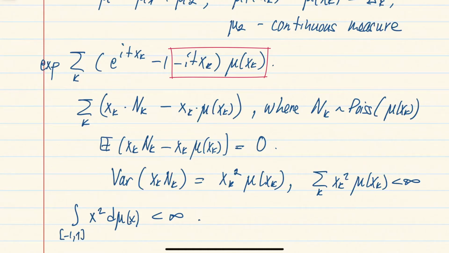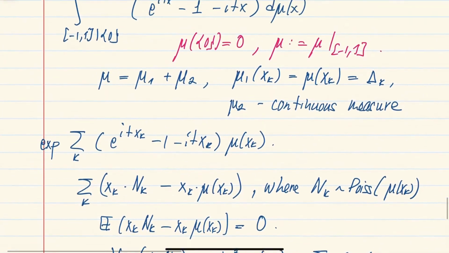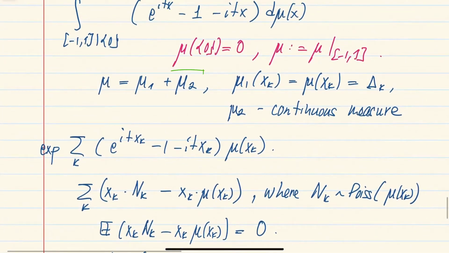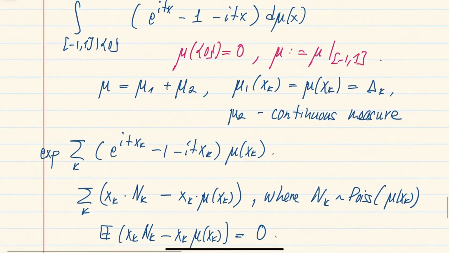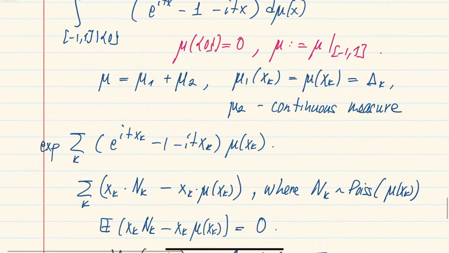And then the remaining part corresponding to the continuous part of mu, this mu2, will be just the above integral with respect to this measure mu2. So we need to understand what kind of random variable corresponds to the integral with respect to this continuous measure mu2.